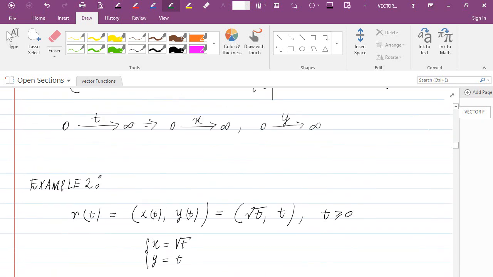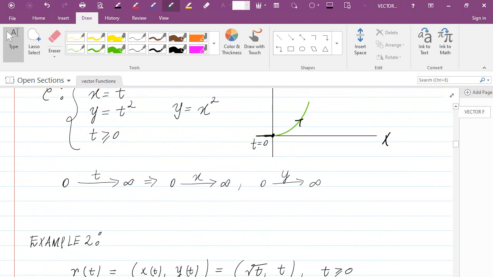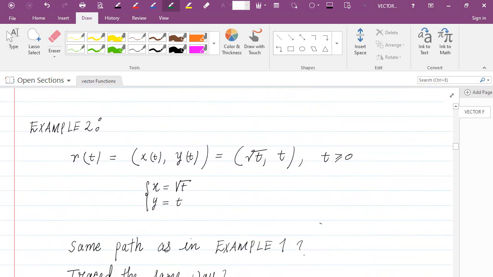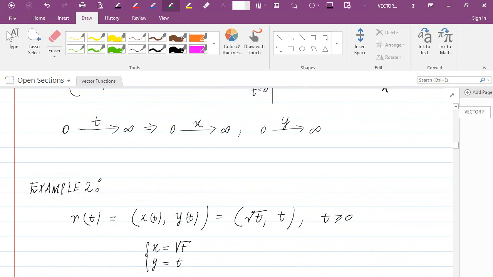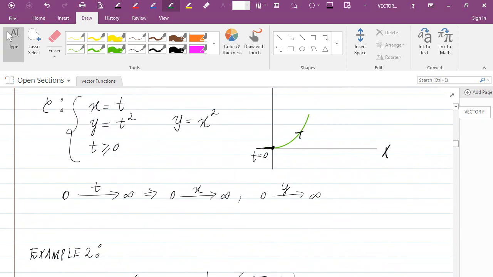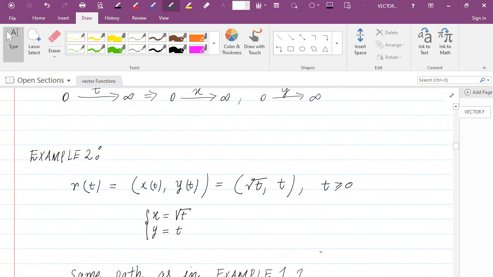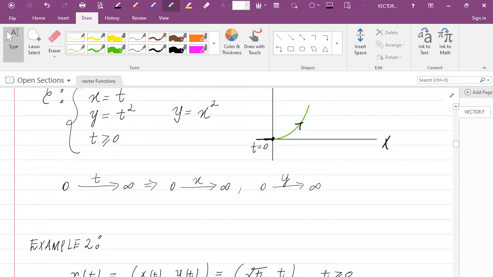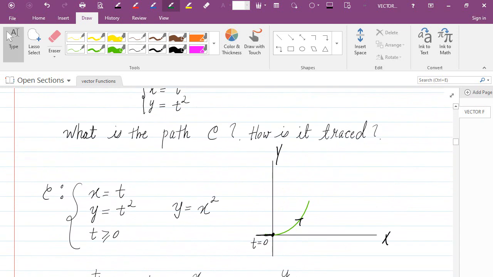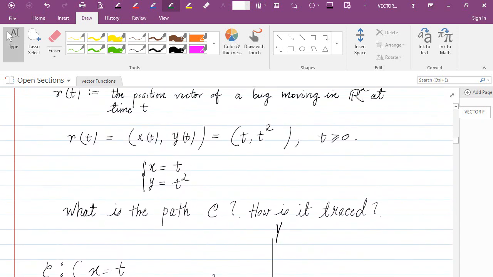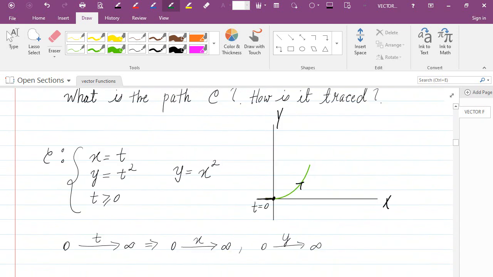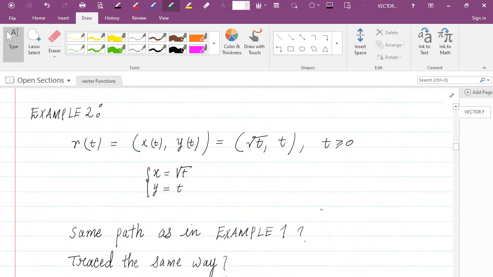So if you think of r of t as the position of a moving bug on the parabola, then definitely the position functions are different. However, the paths are the same. That is, in the first example, this is the position function of bug number 1, and in example 2, r of t is the position function of bug number 2.